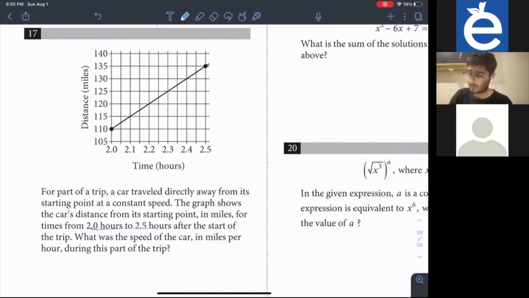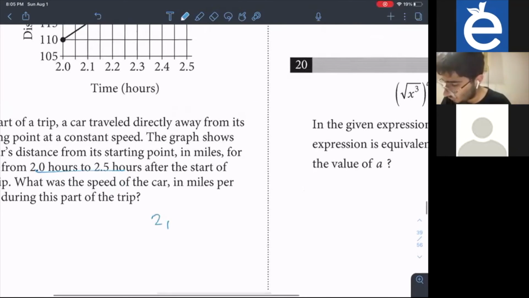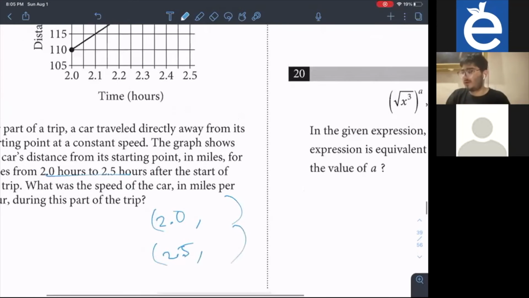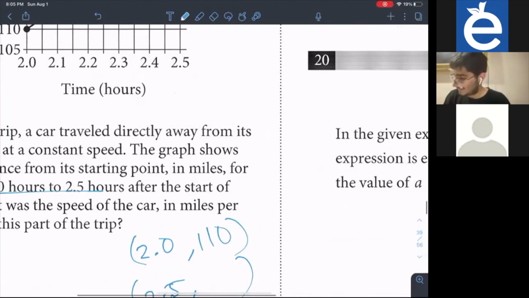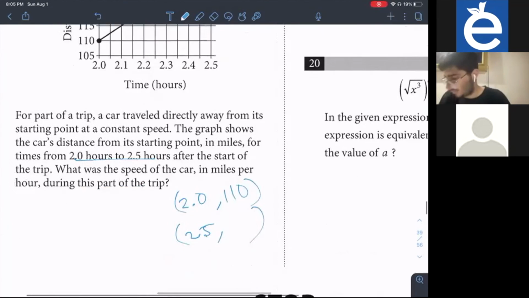So they give us the x coordinates, which are 2 hours and 2.5, and then the y coordinates. If you look at the graph, at 2, it's 110. That's the distance. And at 2.5, it is 135.